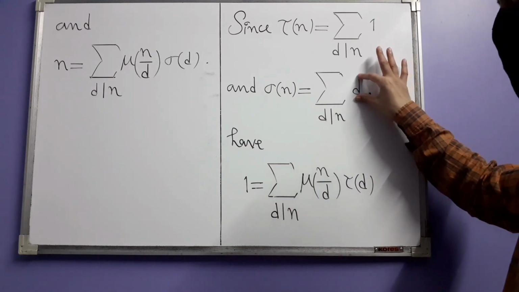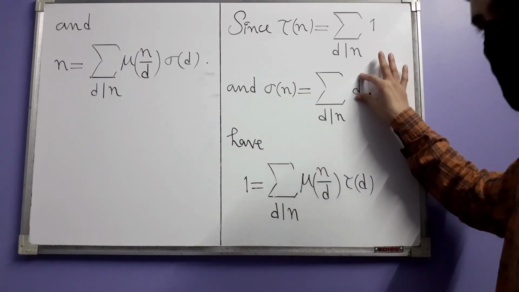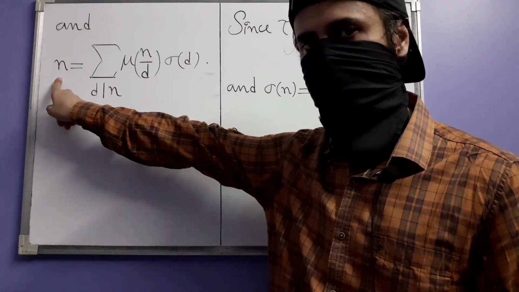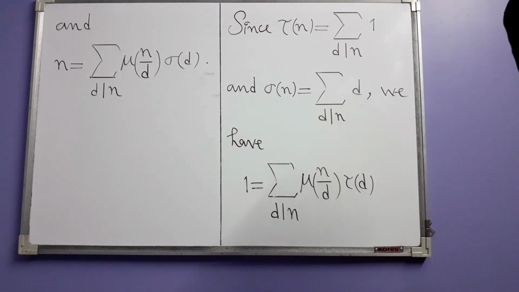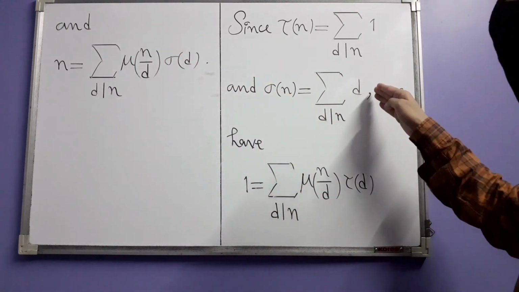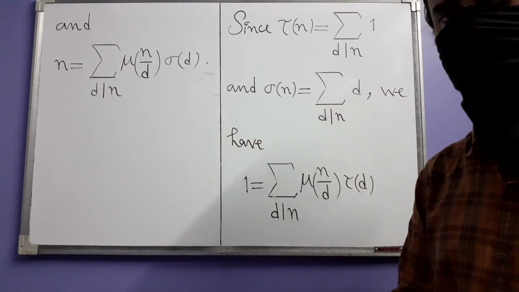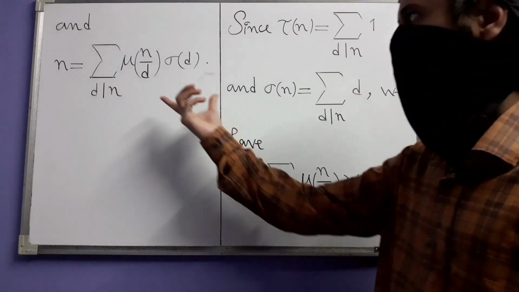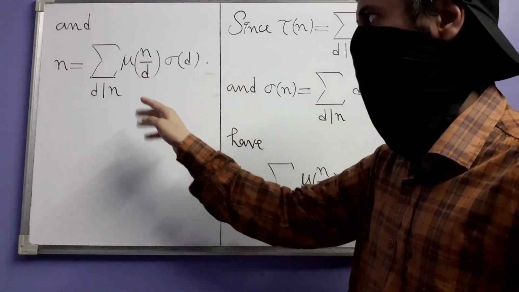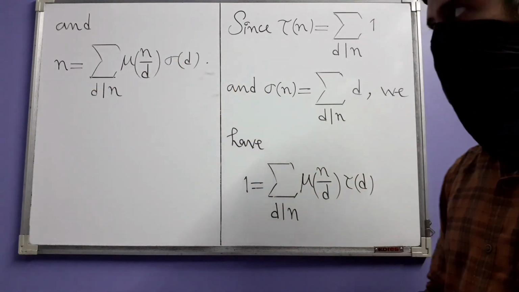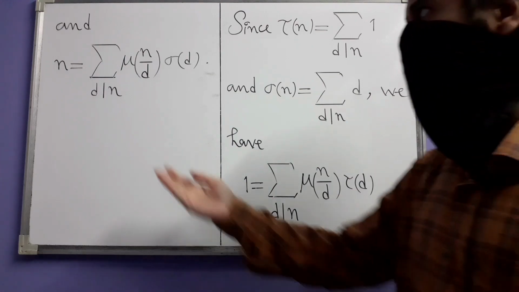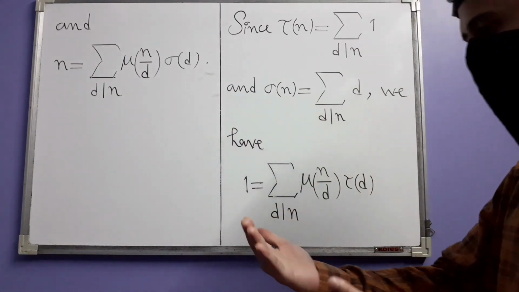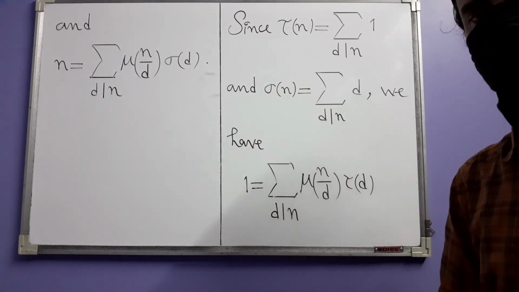Now the identity function d takes the place of sigma, goes over to that side and appears as n. And sigma takes the place of this one, so it appears as sigma of d, and of course you have mu of n divided by d. So regardless of what n is, this sum is always equal to n. Or you may interpret these things like this: n can be written as a sum like this, and 1 can be written as a sum like this.